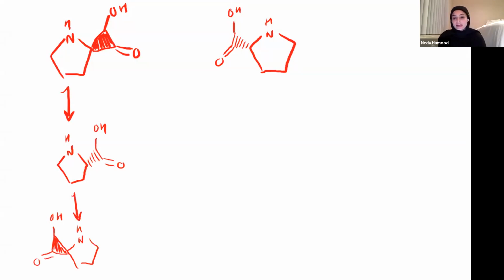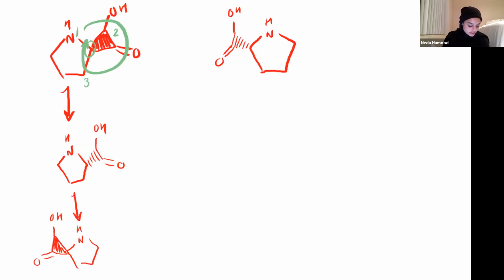Another way you can do it is, honestly, for all of these, I would look at the R and S configuration. So this is our chiral compound. I guess nitrogen would be best here, so 1, and this would be the second best, and then that, and then there's a hydrogen just randomly there.